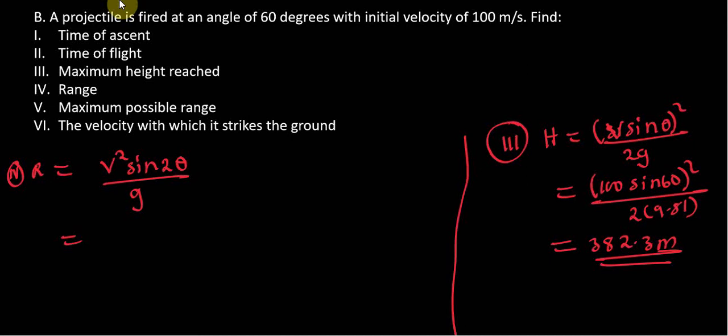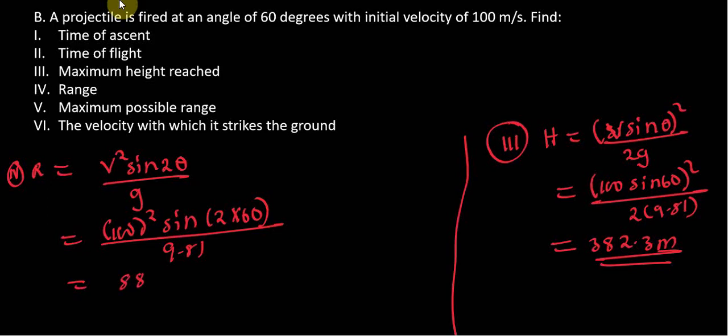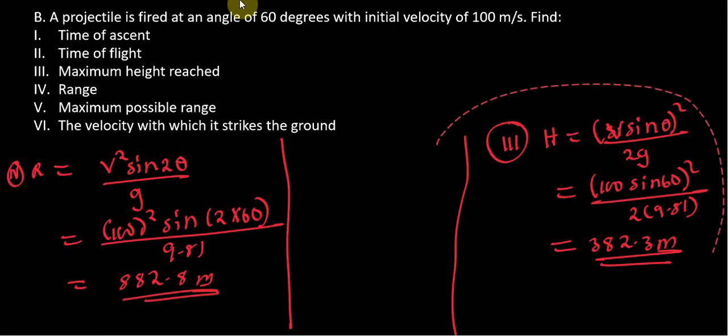So the range, meaning that it is 100 squared, sine 2 times theta, which is 2 times 60, over 9.81. So there your answer is 882.8 meters, like that.